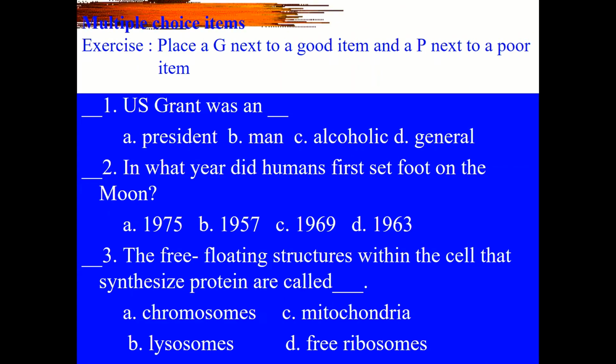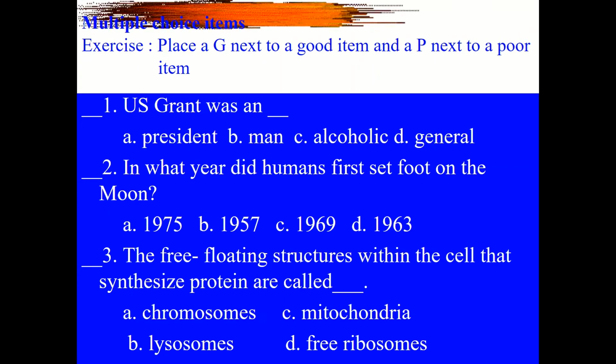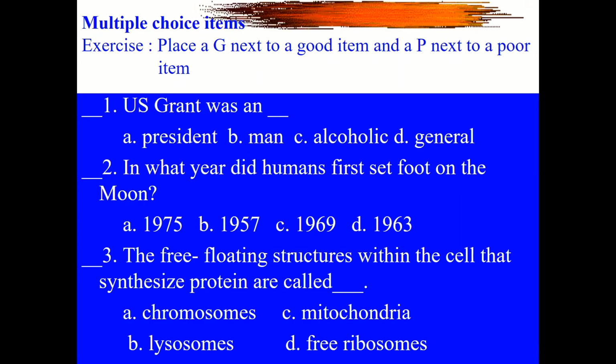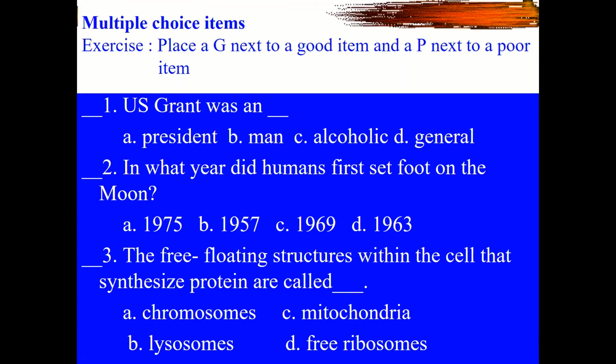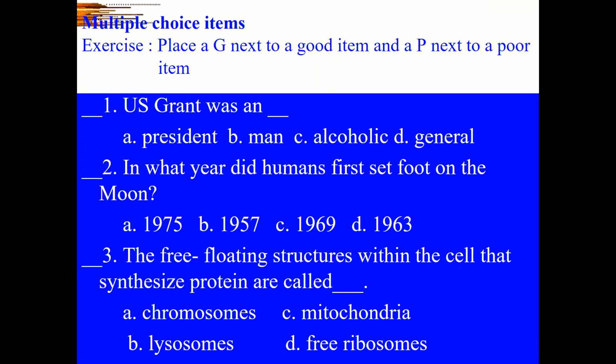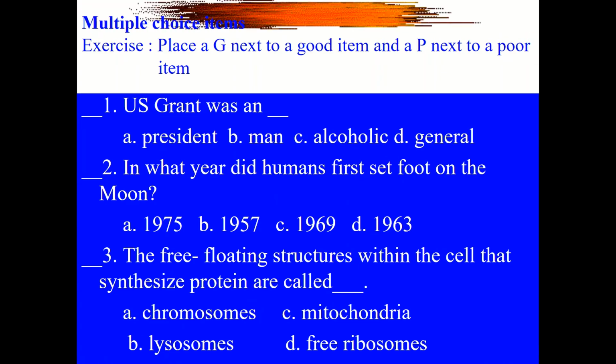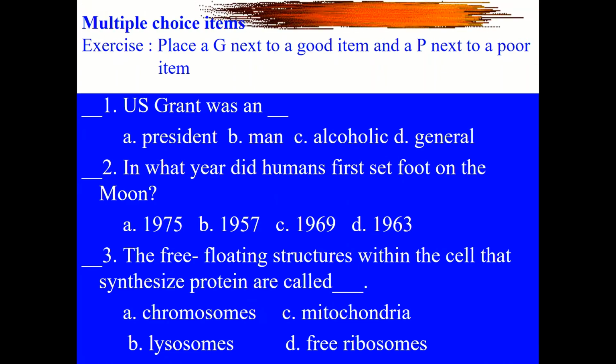I guess number 1 calls for many answers, so the options here are all correct. Number 2 is a very good item because it asks for a definite question. Number 3 is a poor item because there is a verbal clue.